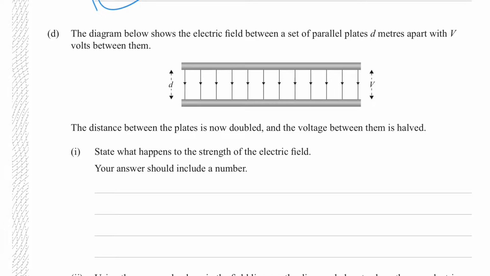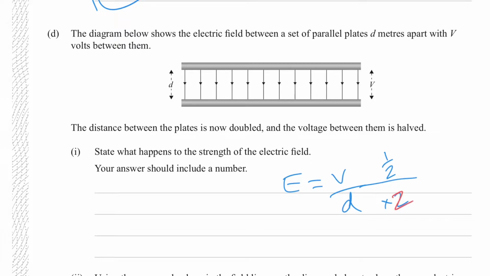So what happens to electric field? Electric field strength is voltage over distance. We've doubled the distance, so times 2 on the D on the bottom, and we've halved the voltage at the top. So doubling the distance by itself would reduce the electric field strength by half. Let's use this with a bit of color coding.